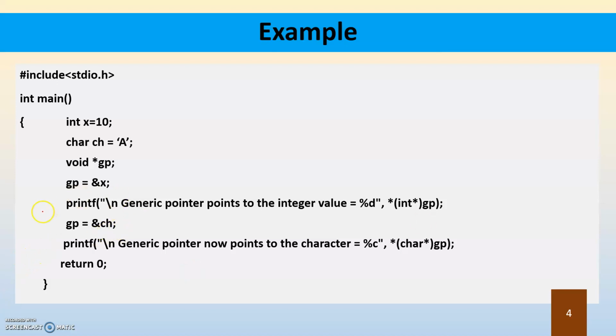Now, in this next line, we assign the address of the character variable to the generic pointer. Remember, a generic pointer is general for all. So first we assigned the integer type, now we are assigning the character type.